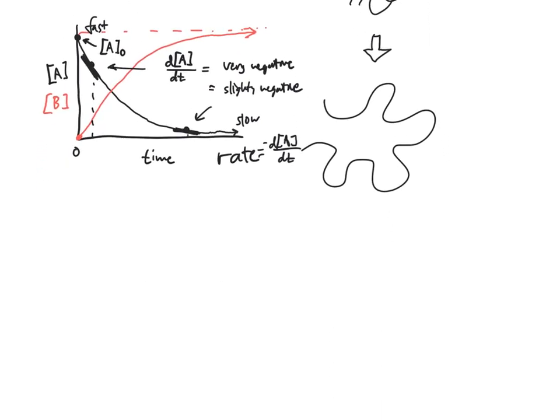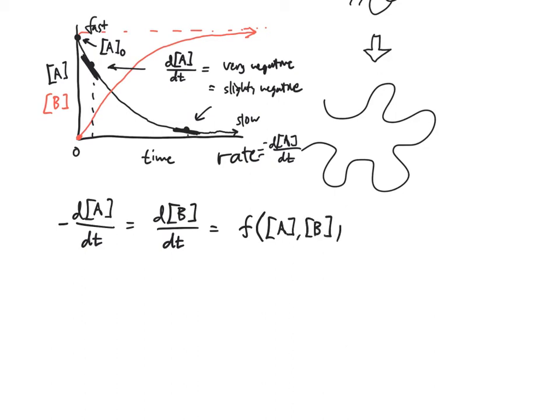And we can write out the change of concentration of A as a function of time, and I'm going to make it negative because it's going to be a negative number, and it is going to be the exact same as the rate of increase of the concentration of B. And this is going to equal some function, that's what this F represents, some function of the concentration of A and perhaps also of the concentration of B. Okay?